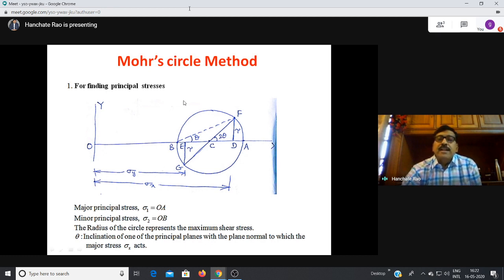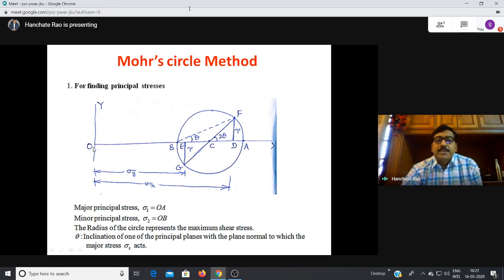So from Mohr circle also, you can obtain the shear principal planes and principal stresses. So observe this, any point on the Mohr circle, the x coordinate represents the normal stress, the y coordinate represents the shear stress.